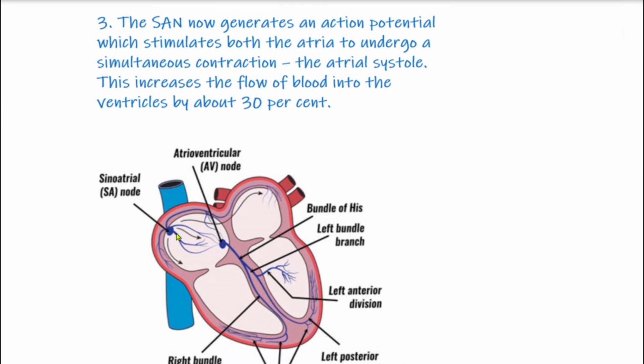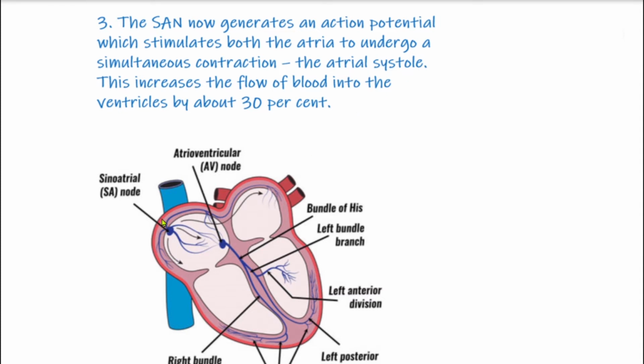This SA node generates the impulse, and that impulse first spreads to both the atria, because the fibers from the SA node are directly stimulating both of the atria. So the atria will start contracting, and when the atria contract, the phase is called atrial systole.